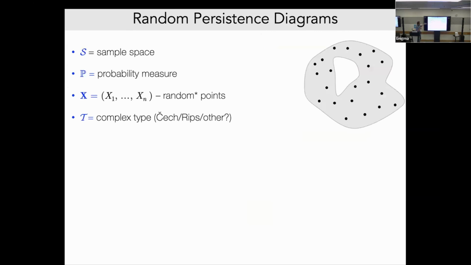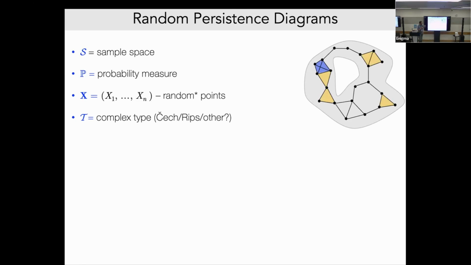Okay, so getting closer to the topic of this talk, what I want to talk about today is random persistence diagrams. Namely, we start with some sampling space, call it S. We have a probability measure on this space, which gives us a way to generate points, and then we generate a point cloud. The point cloud is random. There's a star here. I don't want to be too specific at this point about what random exactly means. So that's the picture that we have. And then we can use our favorite construction, the Čech complex that I showed before, the Vietoris-Rips, or maybe there's another option.